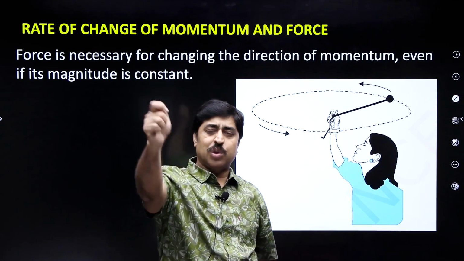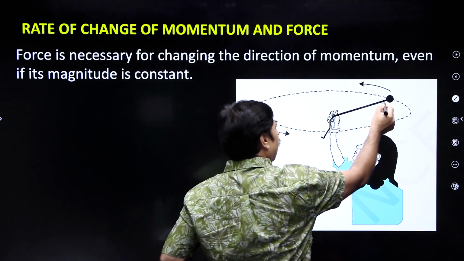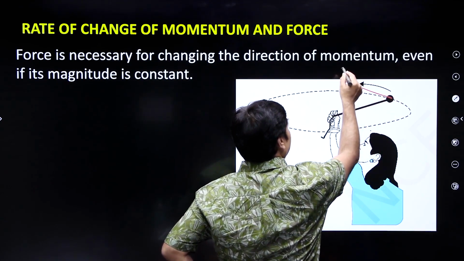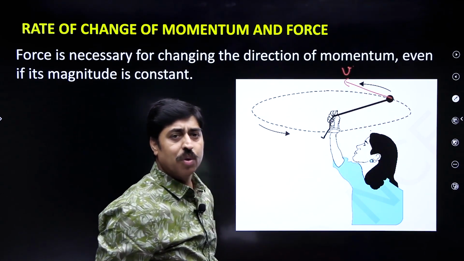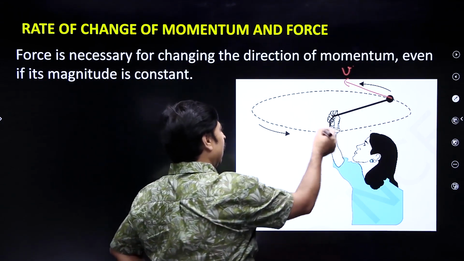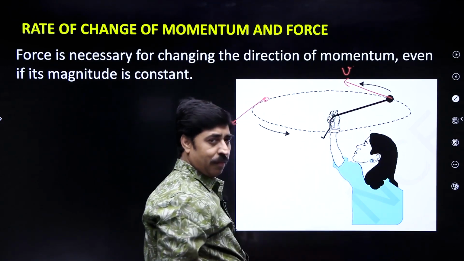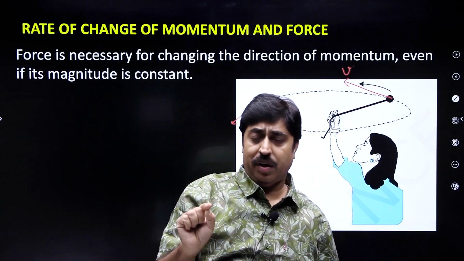If you tie a stone to a string and whirl it in a circle, what happens? Now, the magnitude of velocity of this stone may not change. The stone may go in a circle with constant speed, but the direction of velocity is continuously changing if it is going in a circle. So, momentum is a vector quantity.